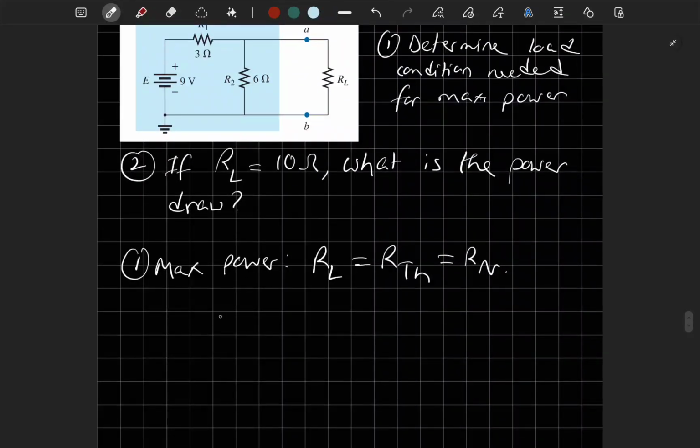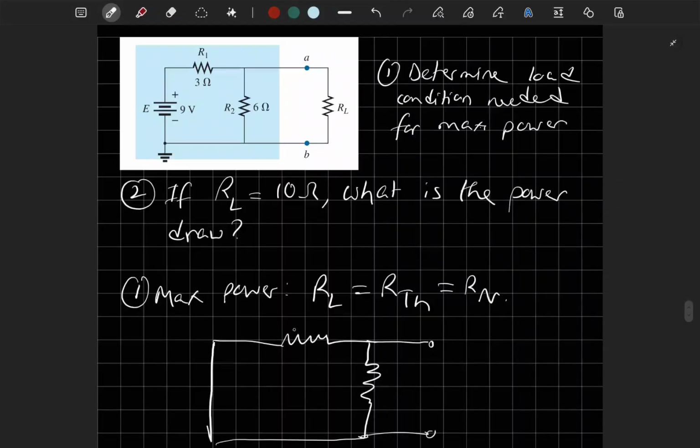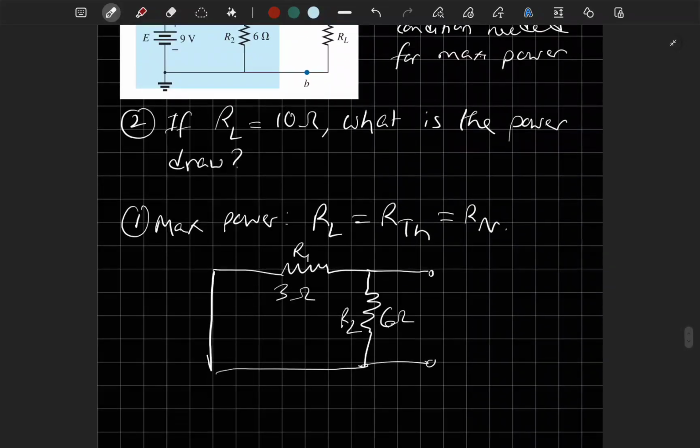So we remove the sources, short circuit for the voltage source, and then the resistors, and this is the open load terminal. We have R1 3 ohms and R2 6 ohms. RTH this way.